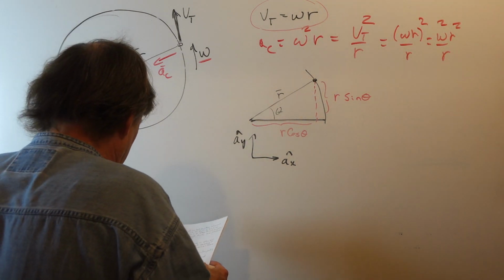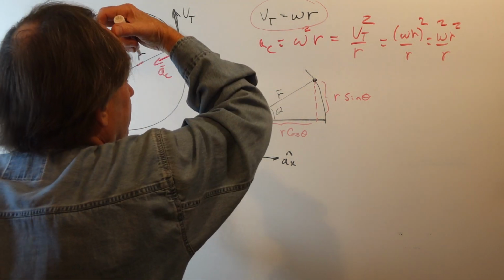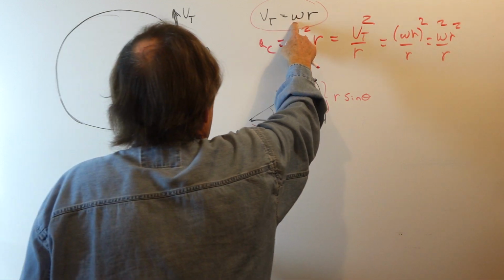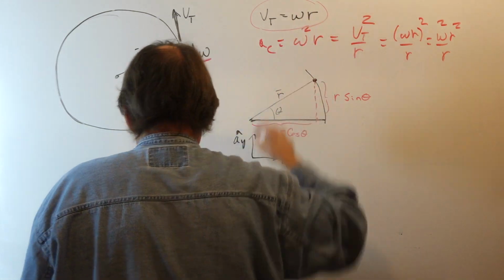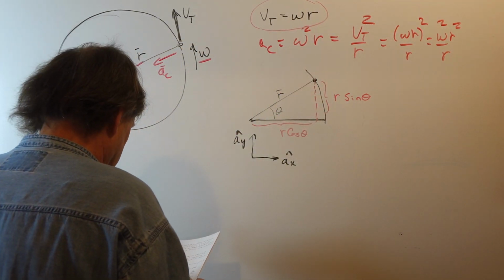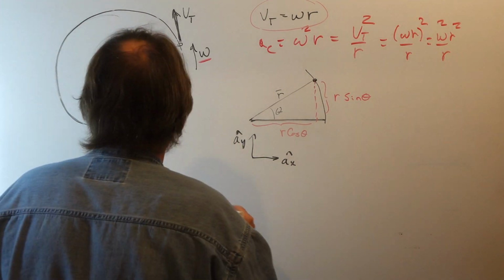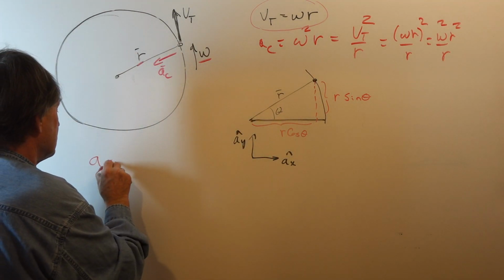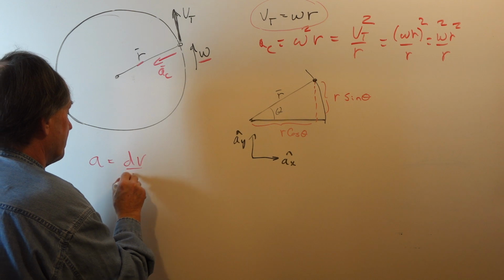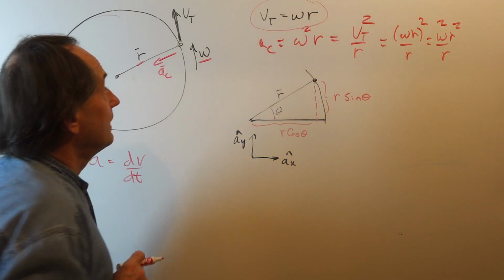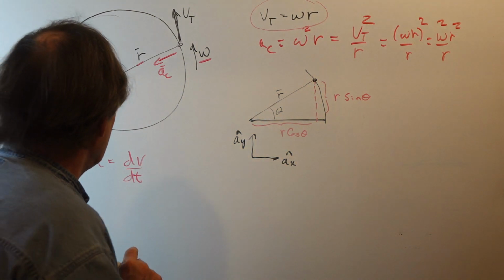Now, if the angular velocity and the radius are constant, and if we remember that acceleration is a time rate of change of velocity with time, we might see that there's a problem here.